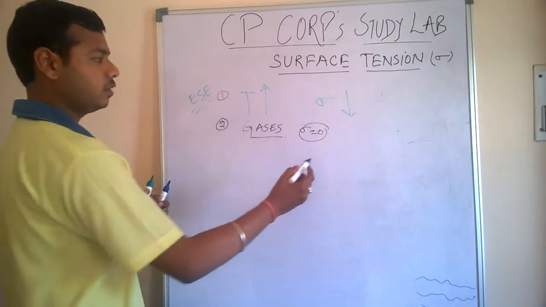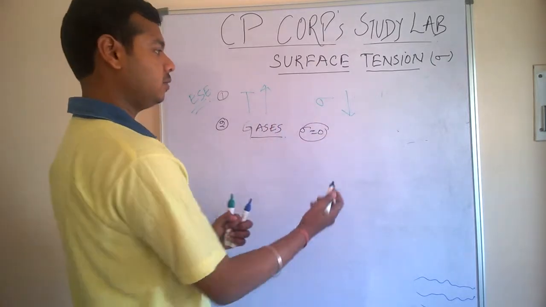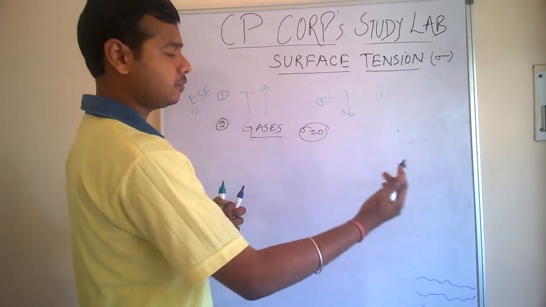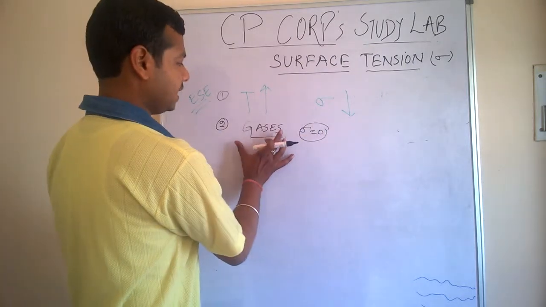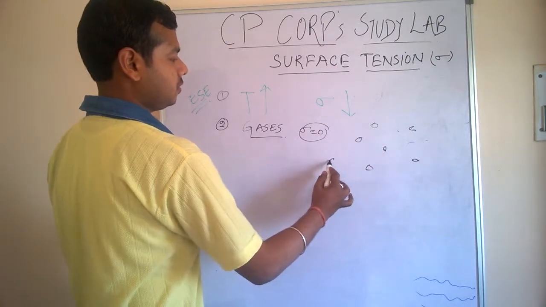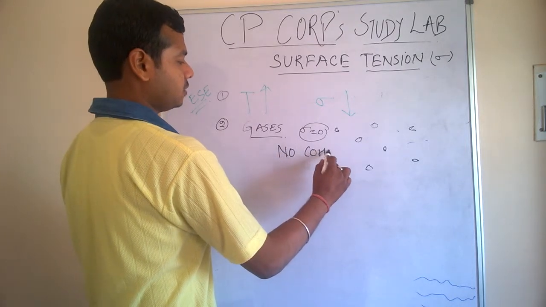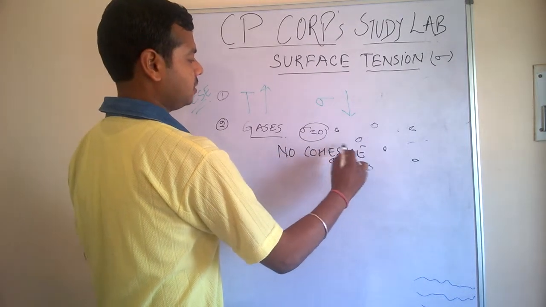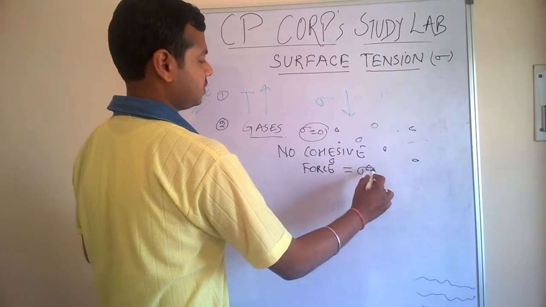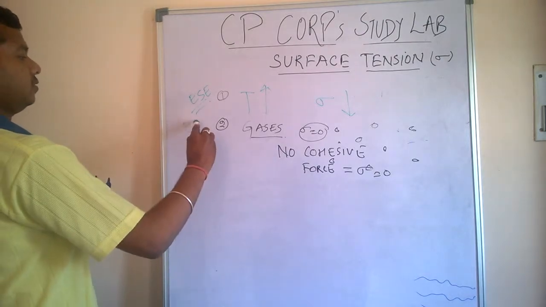Because as I already told you, surface tension is because of cohesive forces pulling the molecules towards each other, which tends to resist the tensile forces applied on it. In gases, the molecules are so far from each other that there are no cohesive forces, which results in surface tension zero. These are the engineering services objective questions.